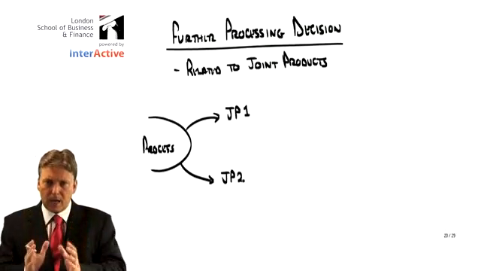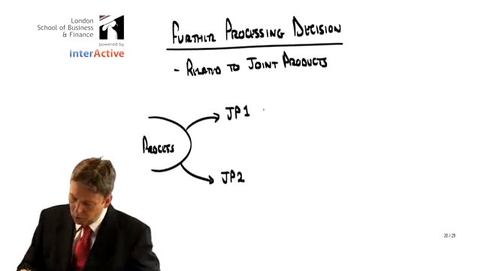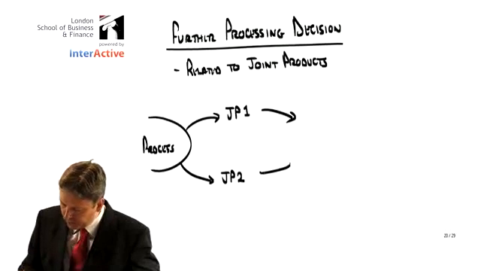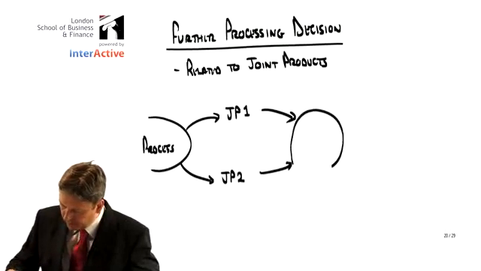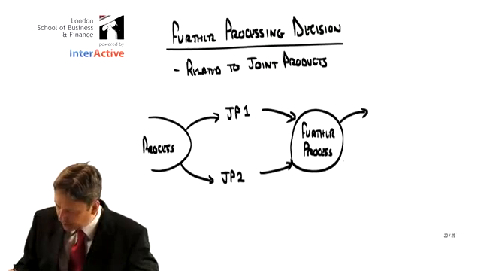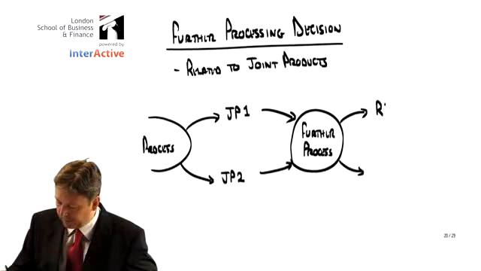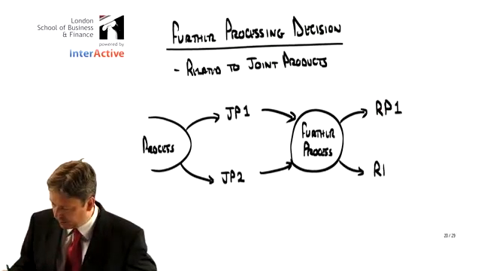We can either sell the joint products at that point, or we could put those joint products through a further process and then sell them at a higher price because they are further refined. Refined product 1 and refined product 2.